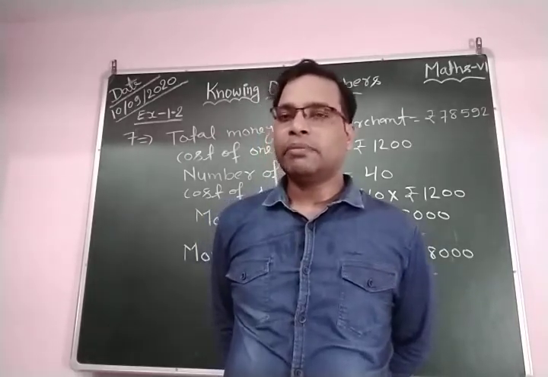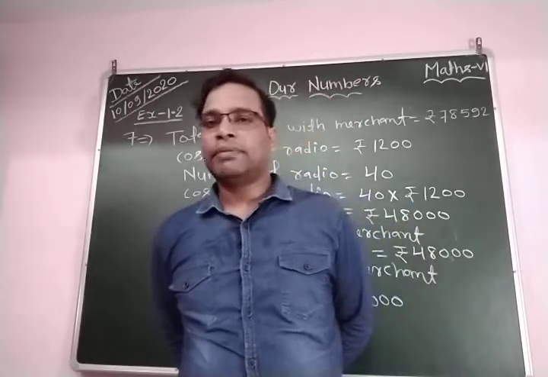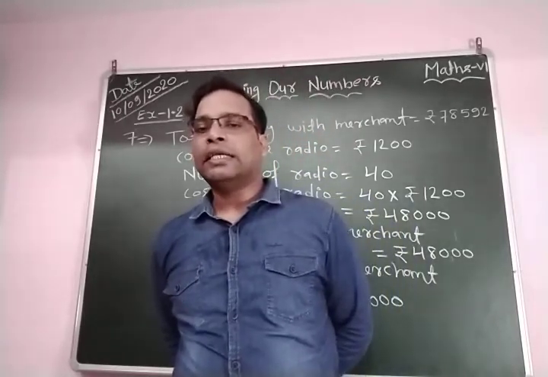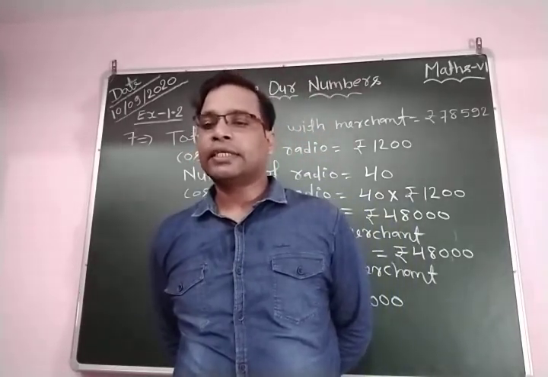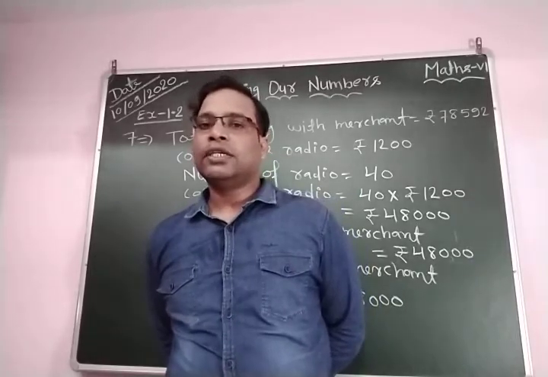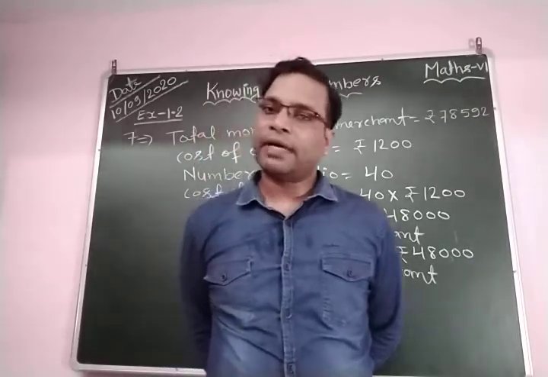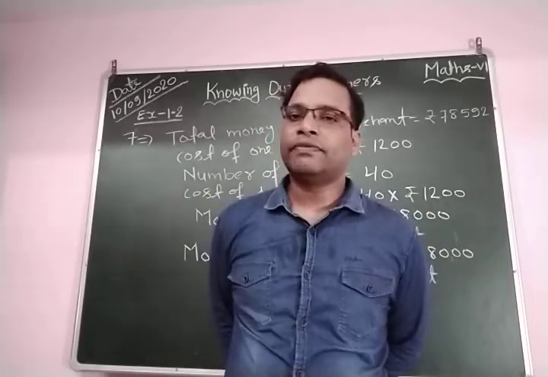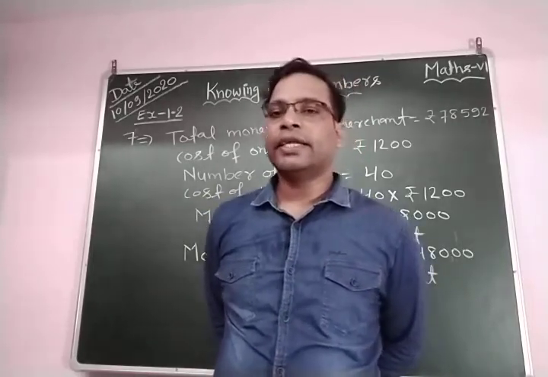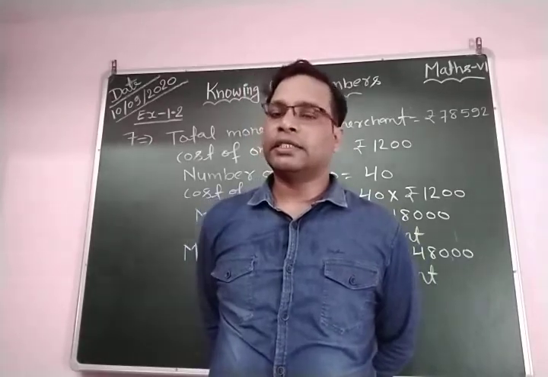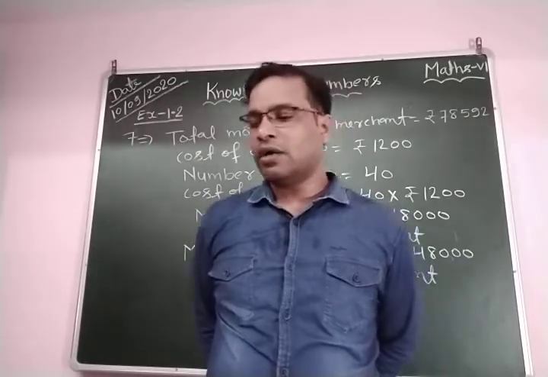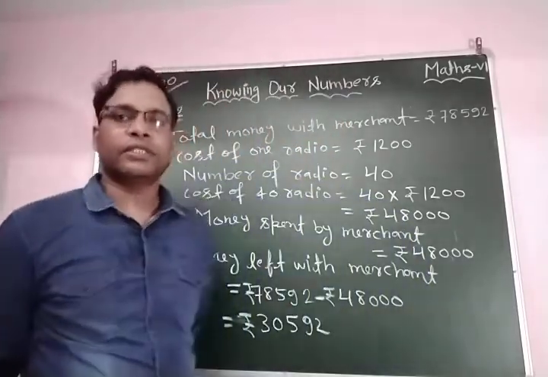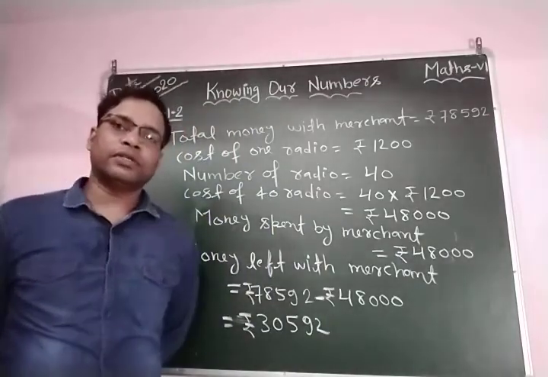When he multiplied by 65, he obtained an incorrect answer, because he needed to multiply by 56 but he multiplied by 65. So you need to find the difference between the correct and incorrect answer. Let's see how to find the solution of this question.